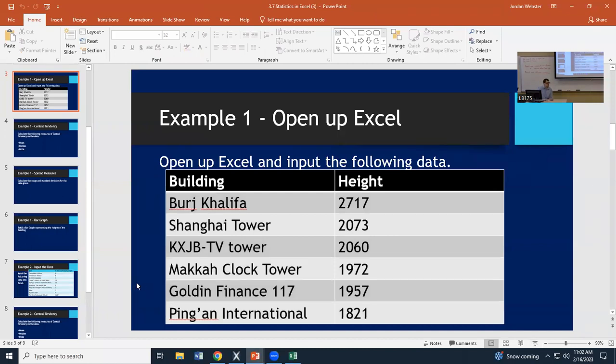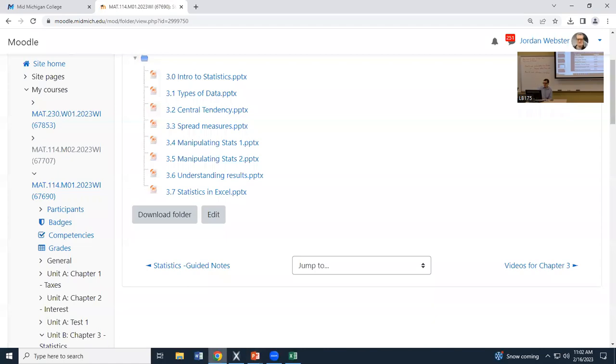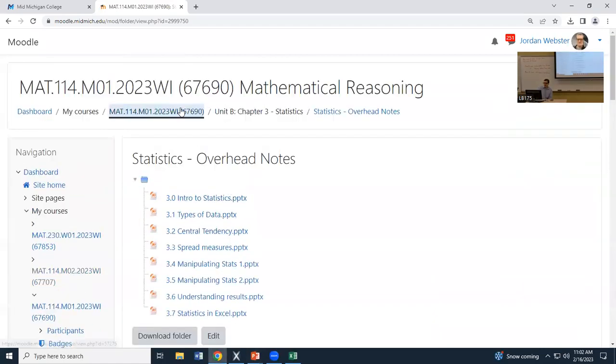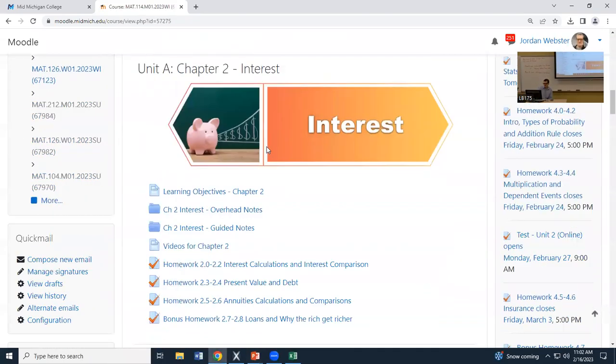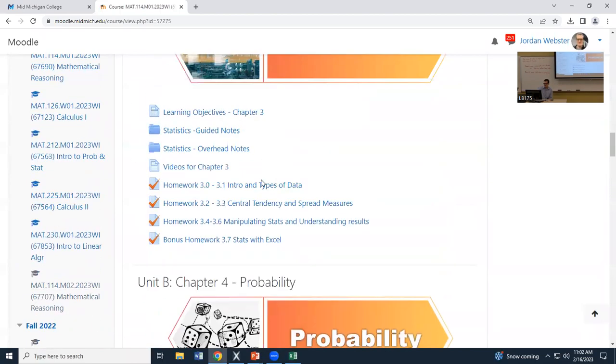Is that right? We're going to have to use Excel? Nope. You don't have to. The Excel part is the bonus homework. Okay. And so we all know what that means. That means you can do it if you want. If you don't want, you don't have to.